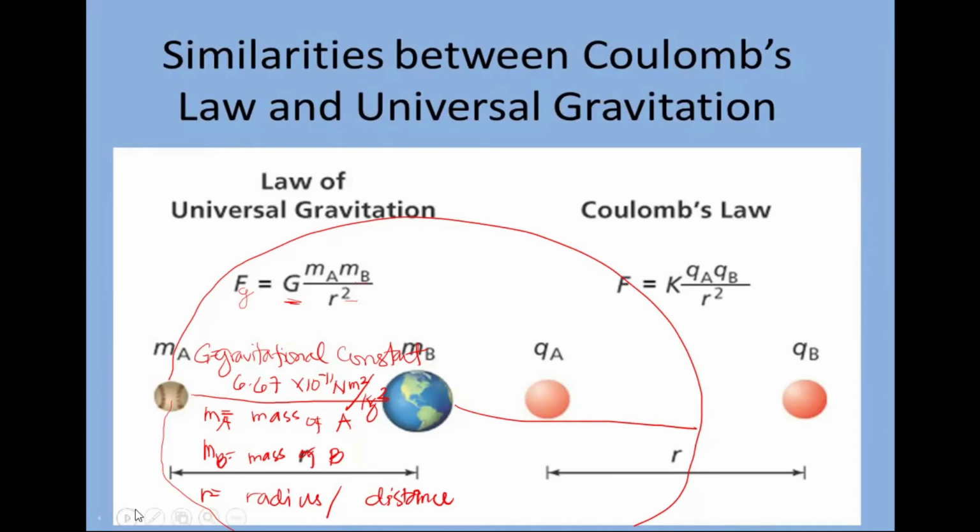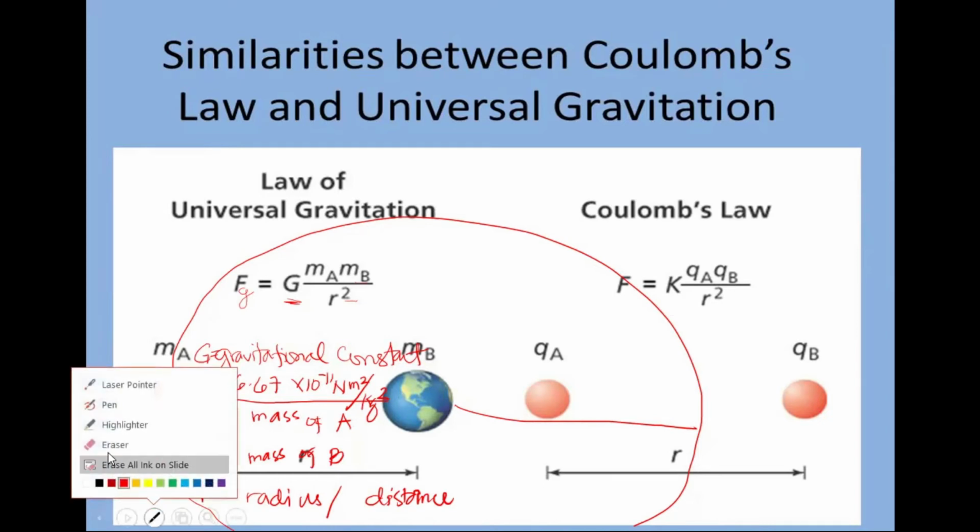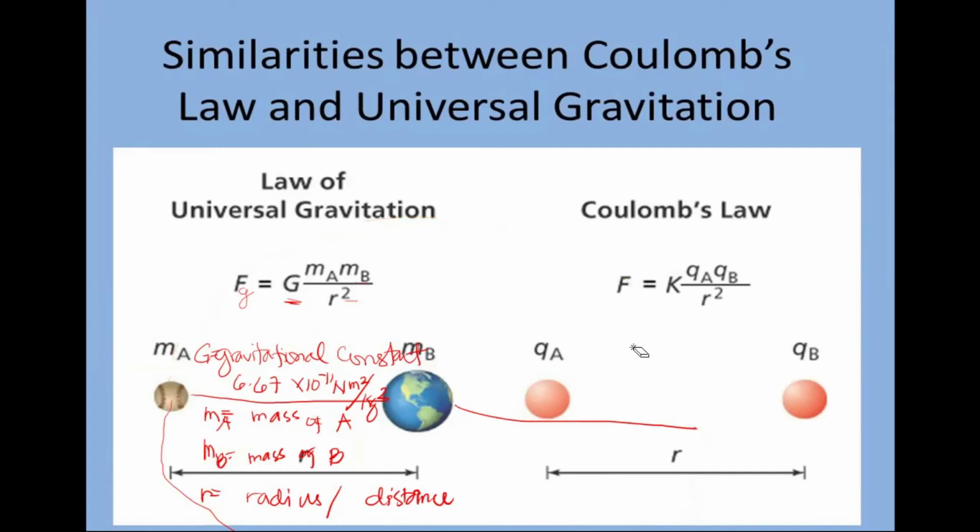If we relate this with Coulomb's law, they are very much similar. Just remember, if we are dealing with the law of universal gravitation, we are looking at heavenly bodies, meaning more massive.